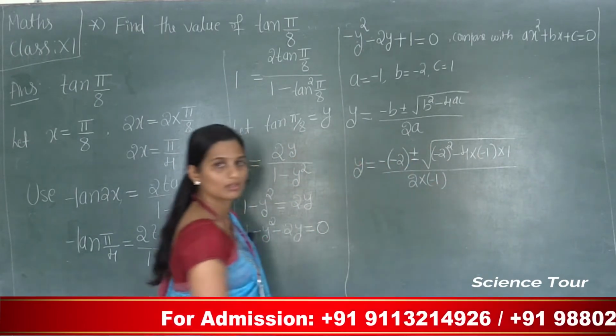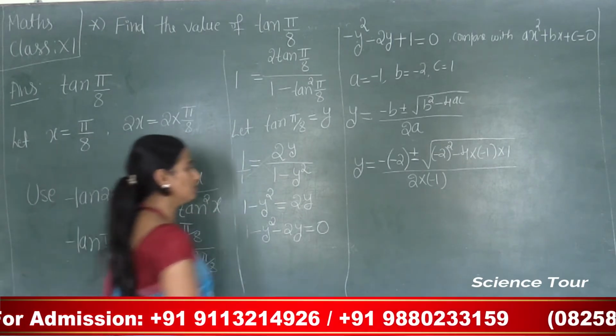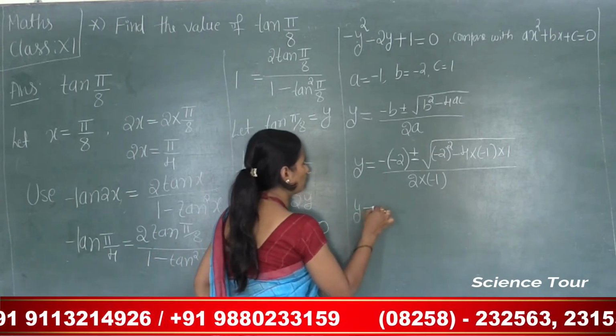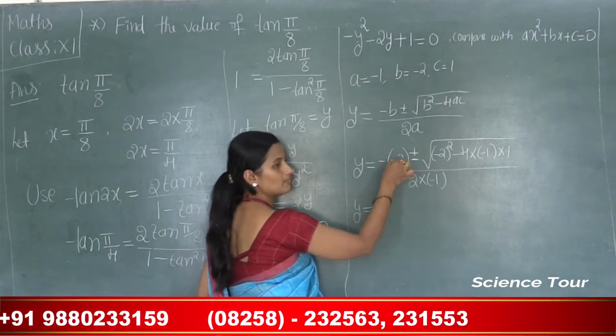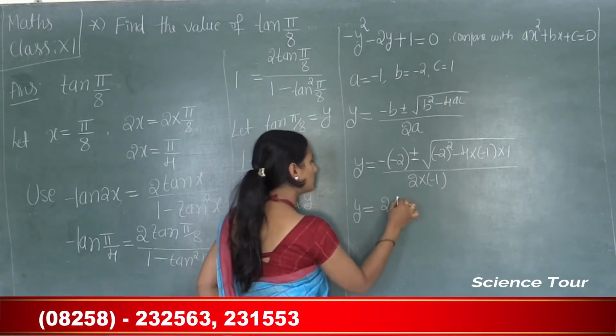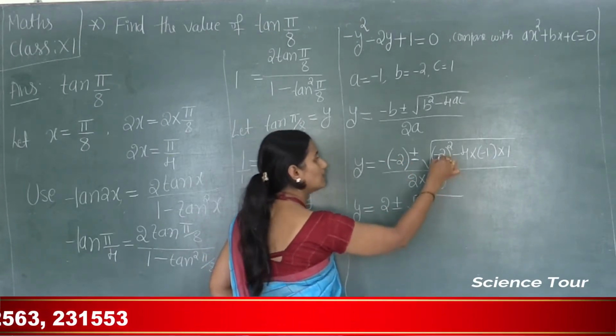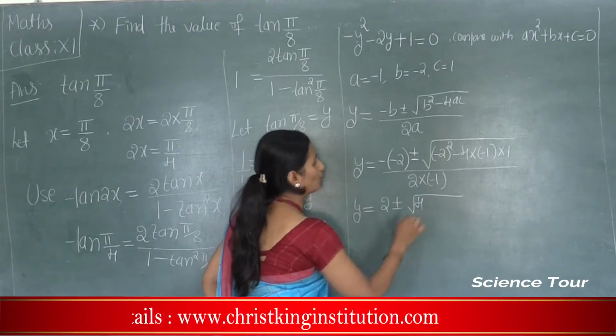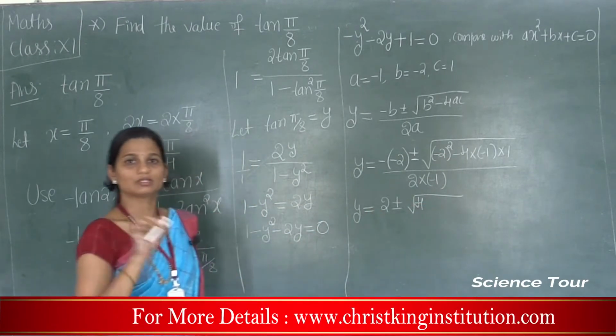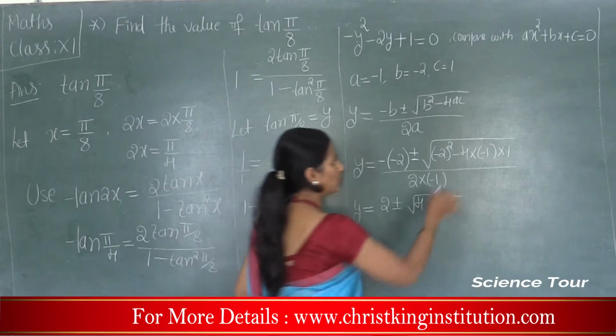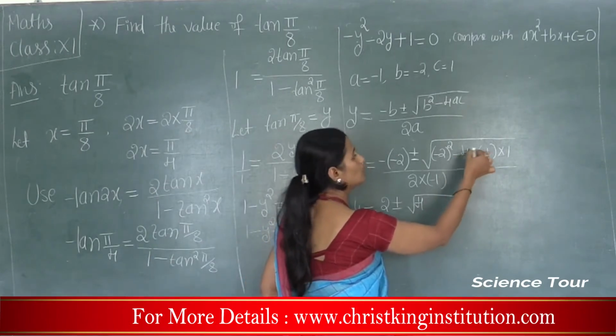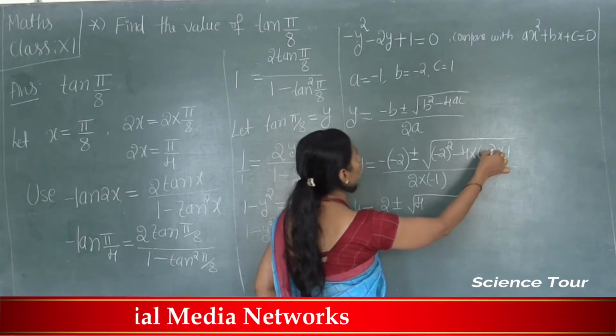Minus 1. Now we will simplify this. Y is equal to minus into minus plus 2 plus or minus square root of, 2 square is 4. Minus 2 into minus 2 is plus 4. So minus 4 into minus 1 into 1.